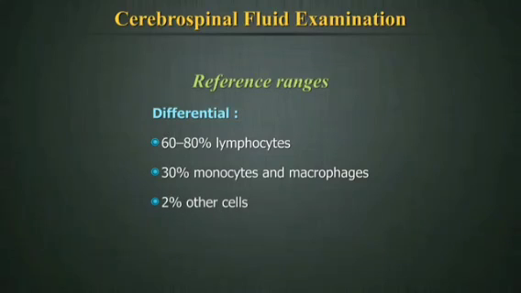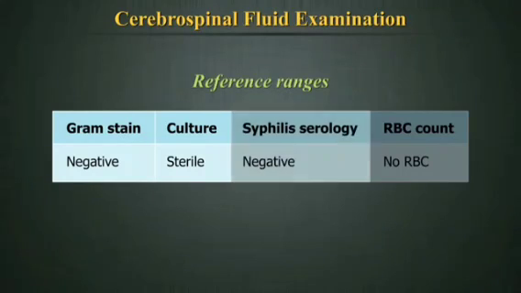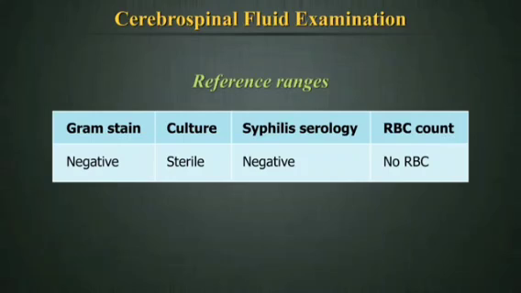Monocytes and macrophages are somewhat higher in neonates. Negative gram stain. Culture should be sterile. Syphilis serology should be negative. Red blood cell count. Normally, there are no red blood cells in the CSF unless the needle passes through a blood vessel en route to the CSF.